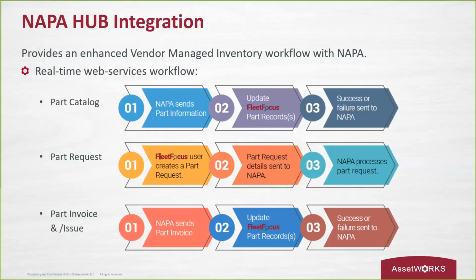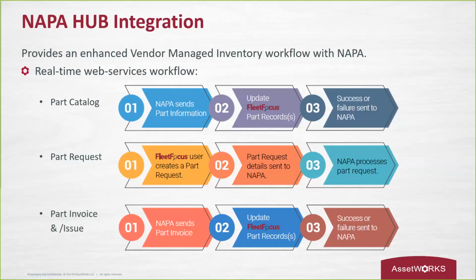So there are 3 real areas that Napa touches the FleetFocus system, and the first obviously is the part catalog, where you would receive your Napa parts. They get interfaced into M5 at the master level, as well as the Napa locations that you set up. There's the part request process, where the recommended process would be that technicians use the part request screen to request their parts.